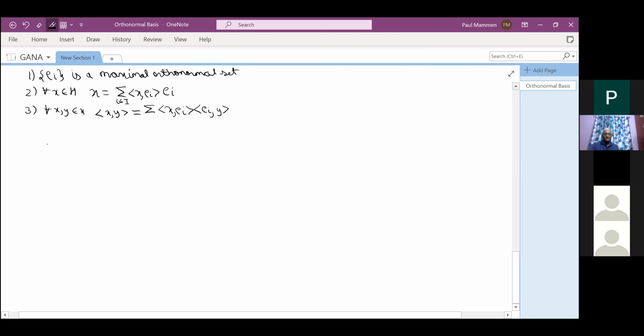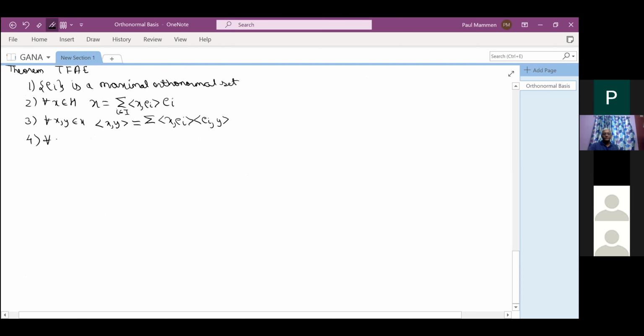And 4: for all x belonging to H, I have mod x whole squared equal to the sum of mod x comma e_i squared.